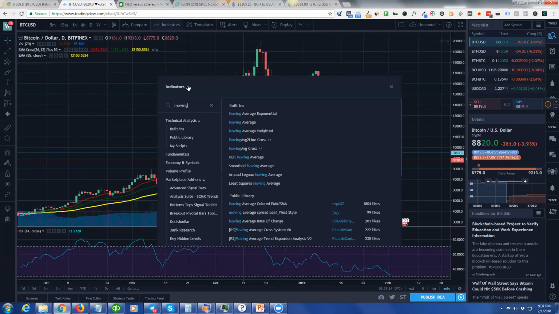So if I'm on a day chart, then a simple moving average will take the average price for the last 55 days. If I'm on a 4-hour chart, it will do it for the last 55 4-hour periods. If it's 1 hour, it would be the last 55 hours. So what I'm doing is looking at an average over that period of time.